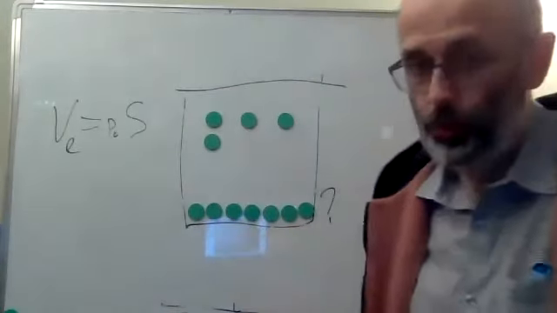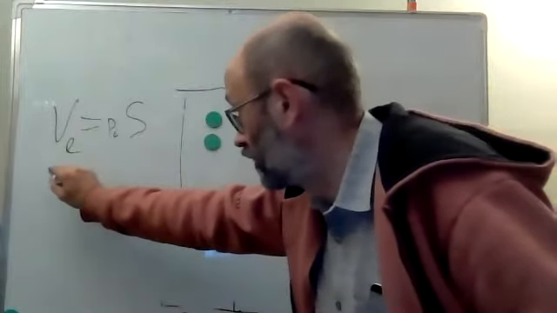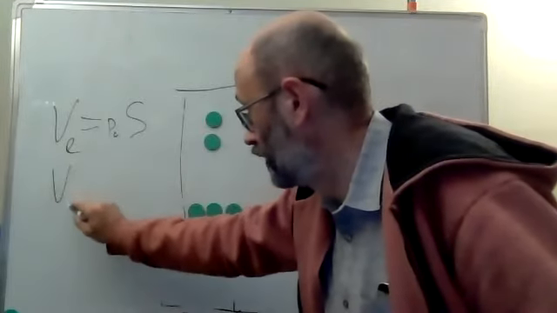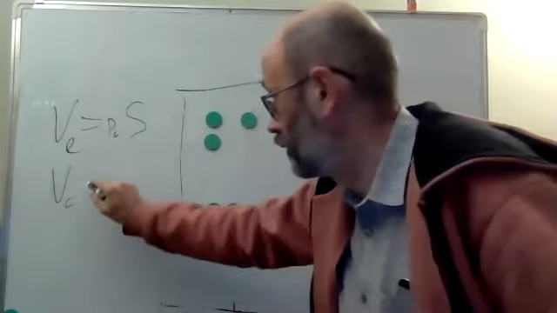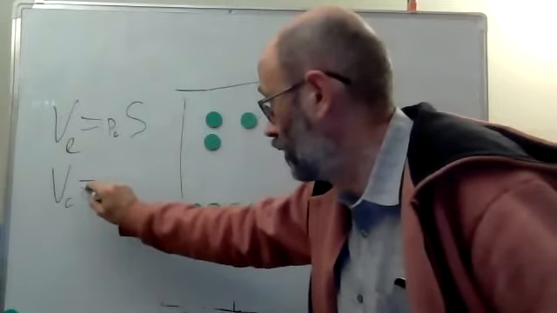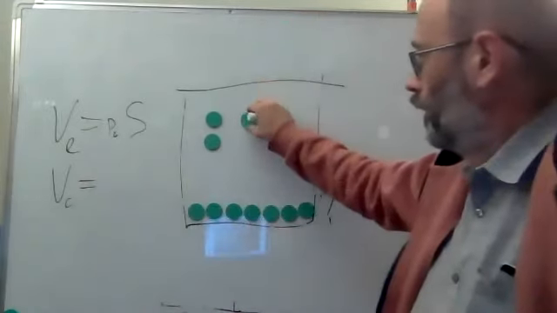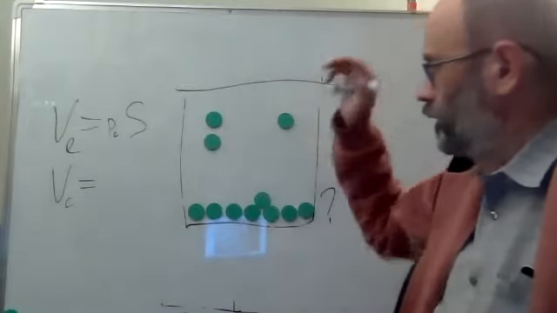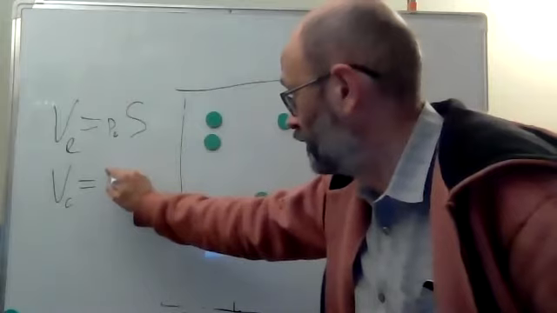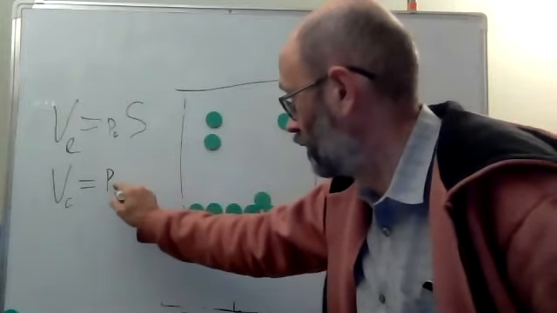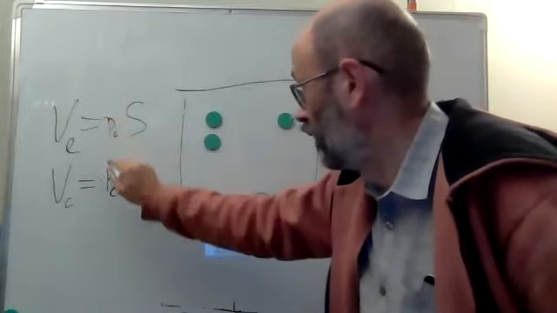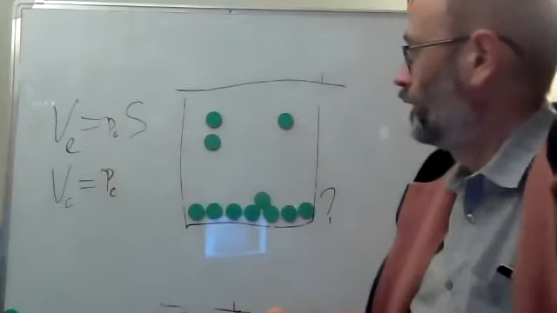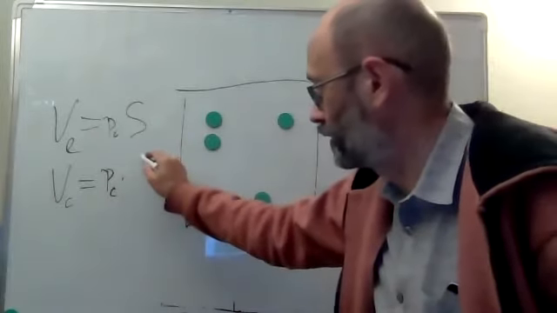What about the second process, the process of condensation? The condensation rate, the speed of condensation, equals what? The probability of a molecule to come to the surface and to stick. So this is P condensation times S, right?